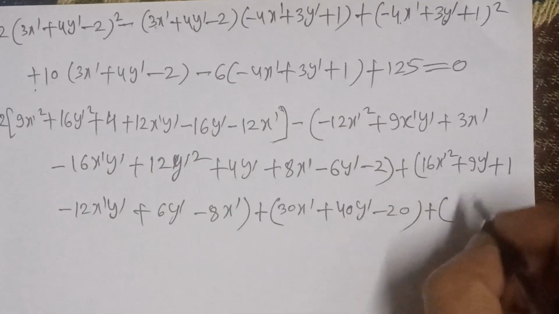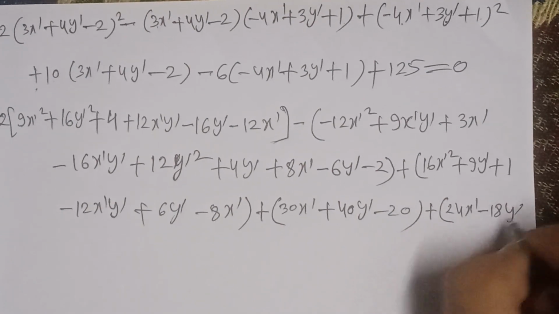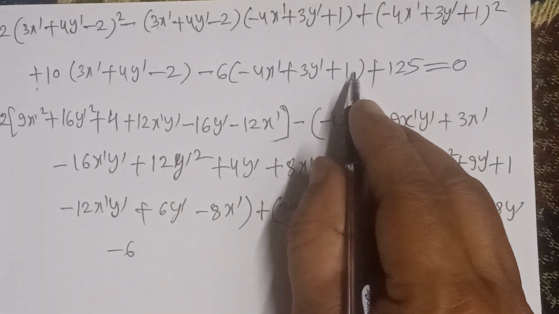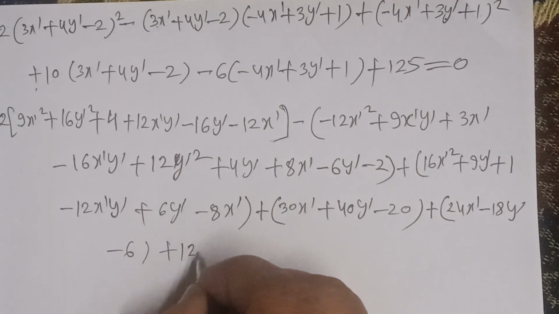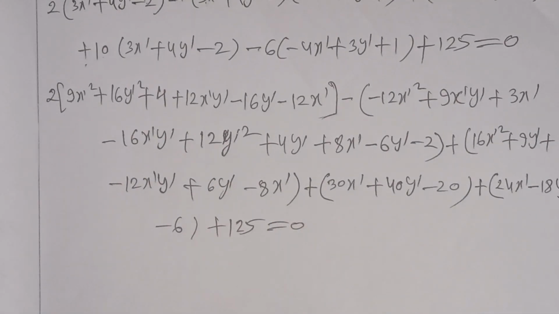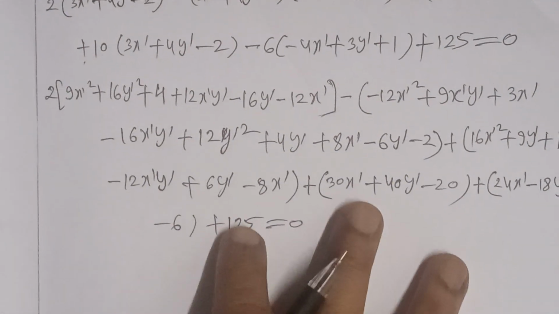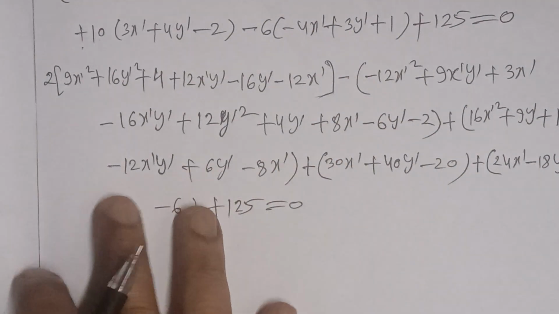Minus 6 multiplied to this, we get 24x' and minus 18y' and minus 6 plus 125 is equal to 0. Now we have to collect the coefficients of x square, y square, all have dash, and x'y', x', y', and the constant term.